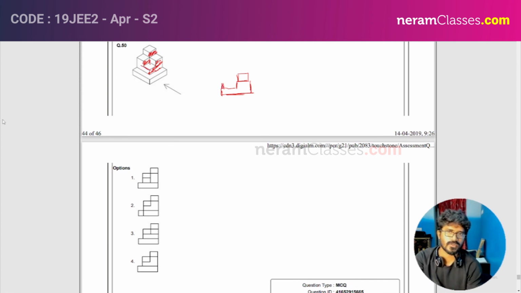So it has to be like this length, it has to be aligned to the left. So this is not up to correct scale, I'm just simply sketching. So there will be a pedestal which is this shape. So if we match this here, 1 is wrong, and 2 is also wrong because we have a line here, and 3 is also wrong because we have a line here, and 4 is the perfect match for this.